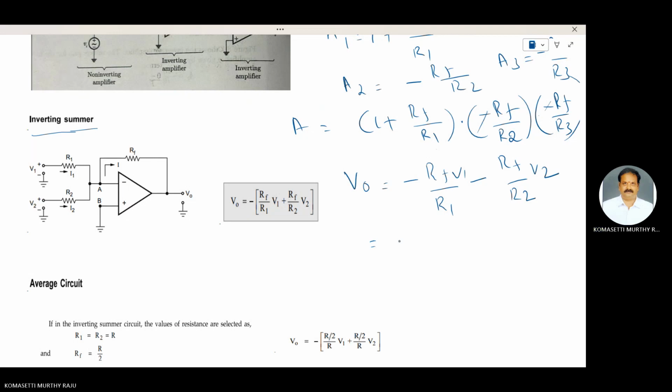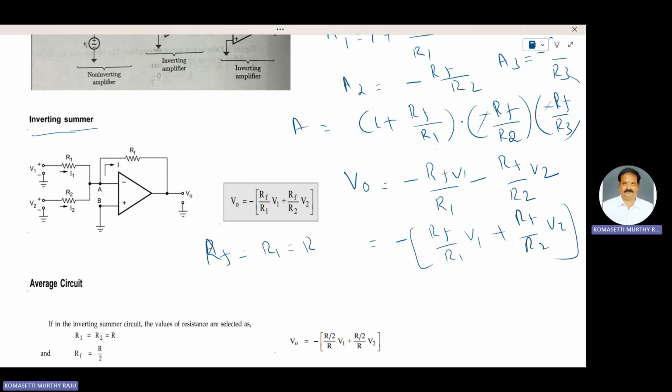Therefore, common RF by R1 V1 plus RF by R2 V2. When RF is equal to R1 is equal to R2 is equal to R, this one is minus R by R V1 plus R by R V2.